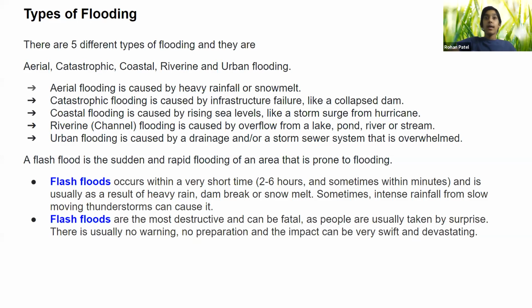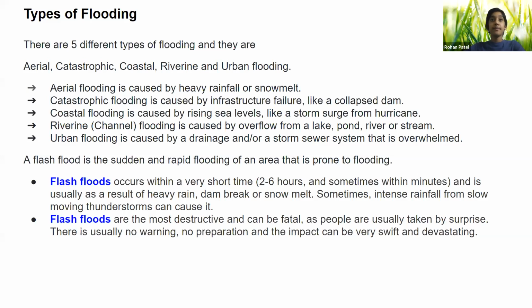Coastal flooding is caused by rising seas, such as a storm surge from a hurricane or tsunami. Riverine or channel flooding is caused by an overflow from a lake, pond, river, or stream. Urban flooding is caused by a drainage or storm sewer system that is overwhelmed.